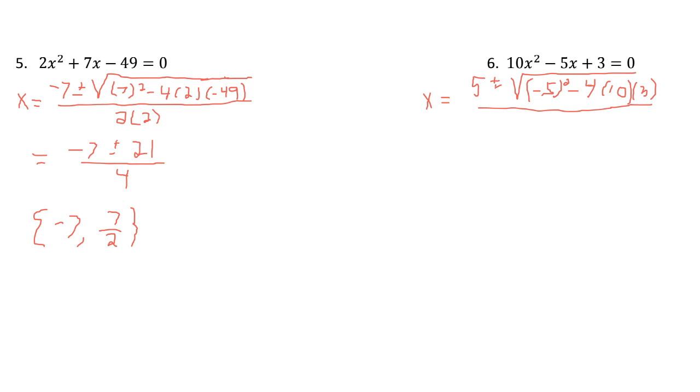All over 2 times a. And again, you don't have to write all these. Here I will. 5 plus or minus. Now let's do this one. Negative 5 squared minus 4 times a, which is 10, times c, which is 3. And we get negative 95.